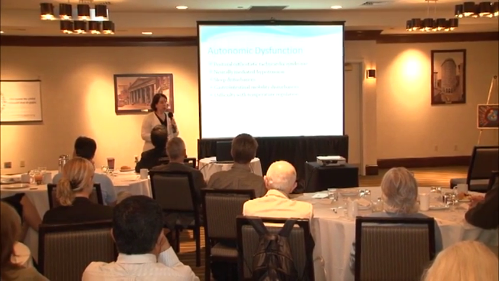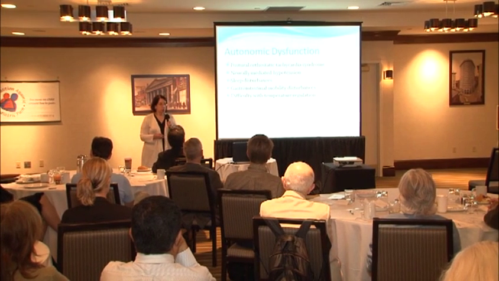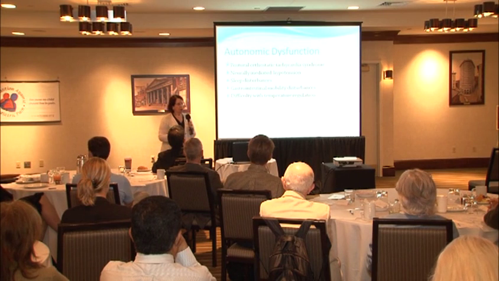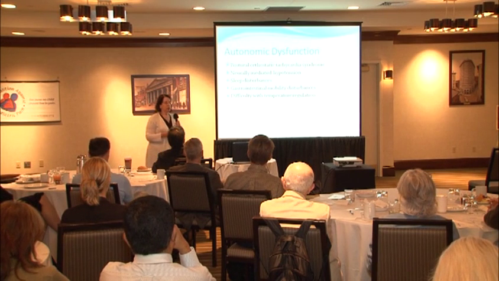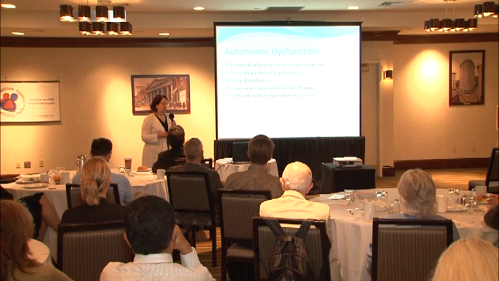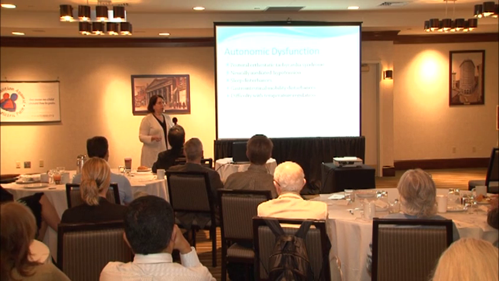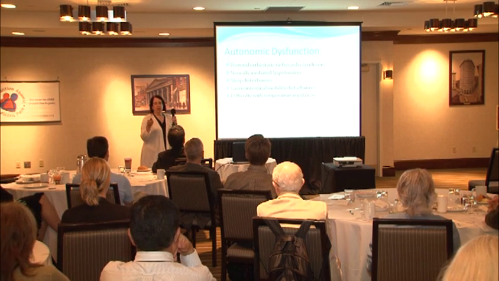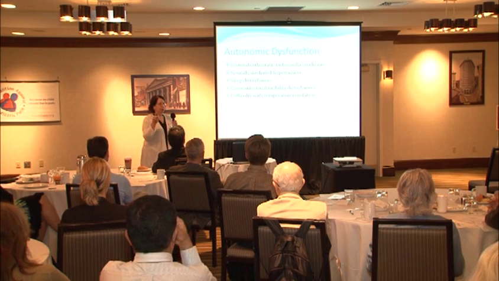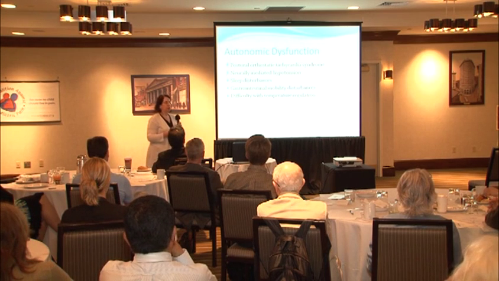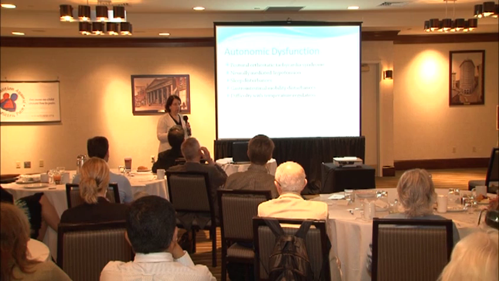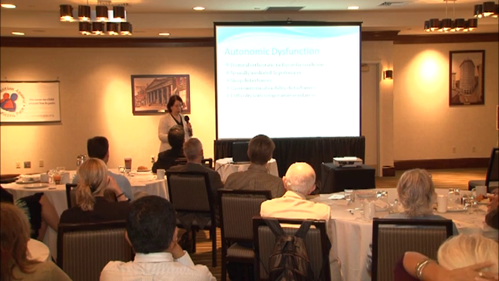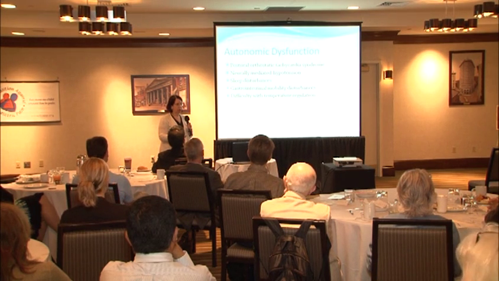Gastrointestinal motility disturbances and other GI issues, which you'll hear about from Dr. Collins in a little while, and difficulty with temperature regulation. So we've seen patients who have chronically low temperatures, chronically high temperatures, temperatures that fluctuate back and forth, up and down, and just are really unable to modulate their temperature regulation. So this is another aspect of autonomic dysfunction.